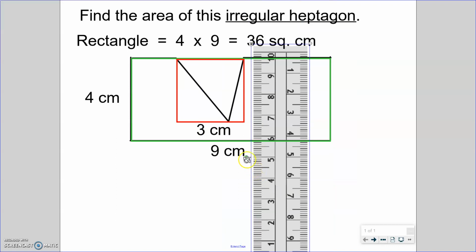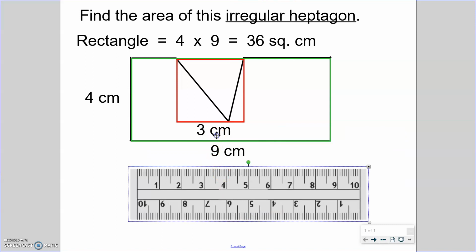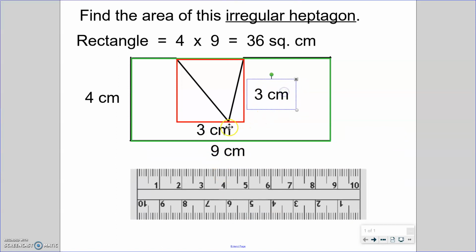So it's a 3 centimeter by 3 centimeter rectangle, which is a special kind of rectangle that makes it a square. So we just found out that this red rectangle is a 3 by 3 rectangle, which means the area of that rectangle is 9 square centimeters.